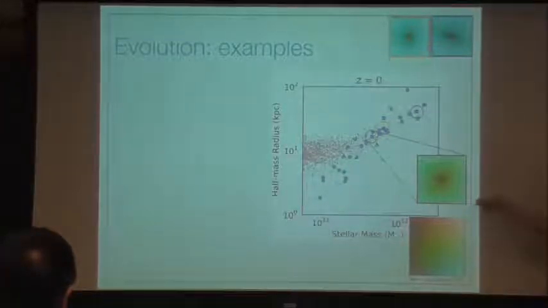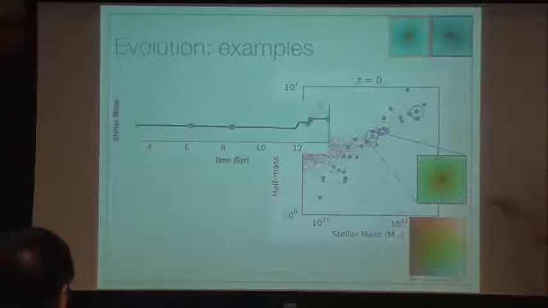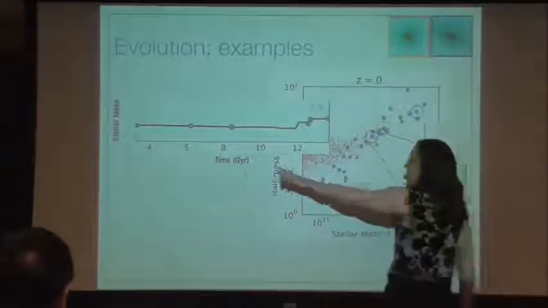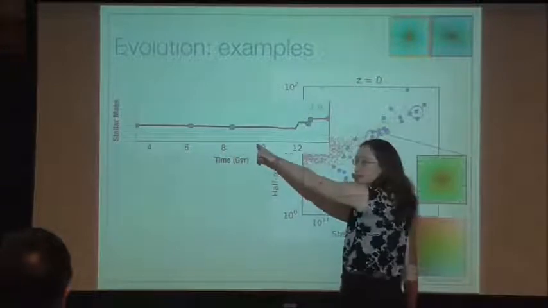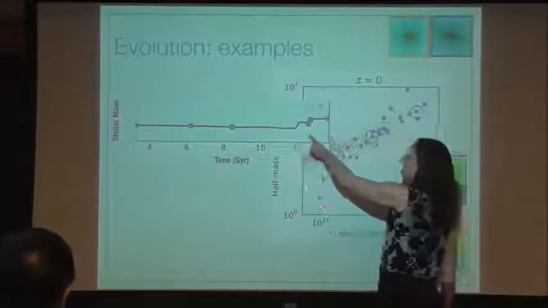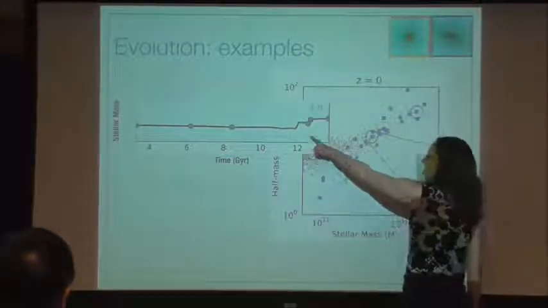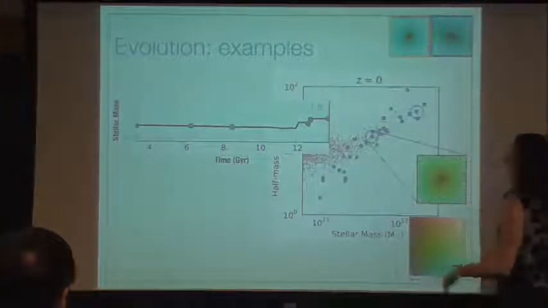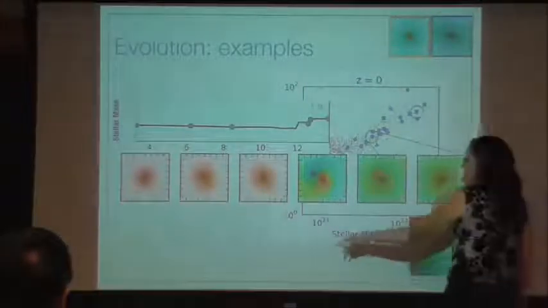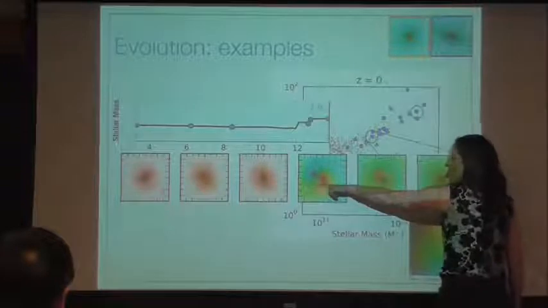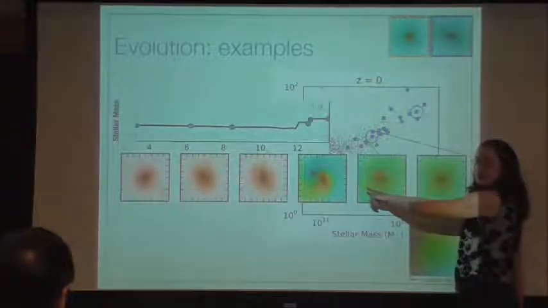Now here's an example where the picture appears essentially uniformly green. When we look at the mass evolution, you can see it was minding its own business for a long time and then had a 1-to-1 major merger around 12.5 gigayears or so. When you look at the images, you can see what a really equal merger this was.